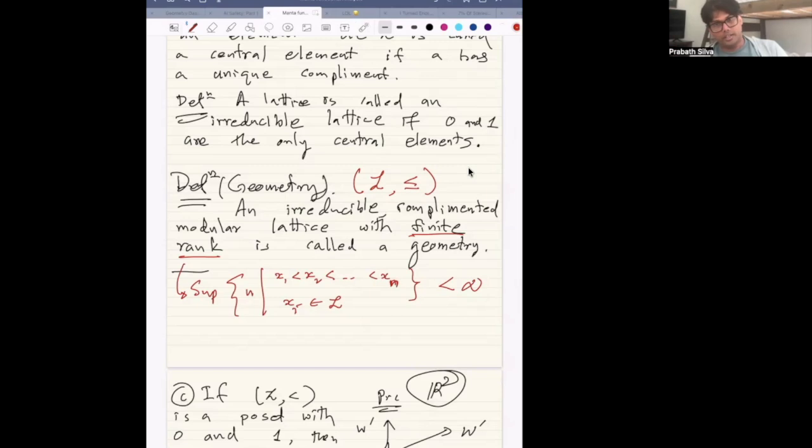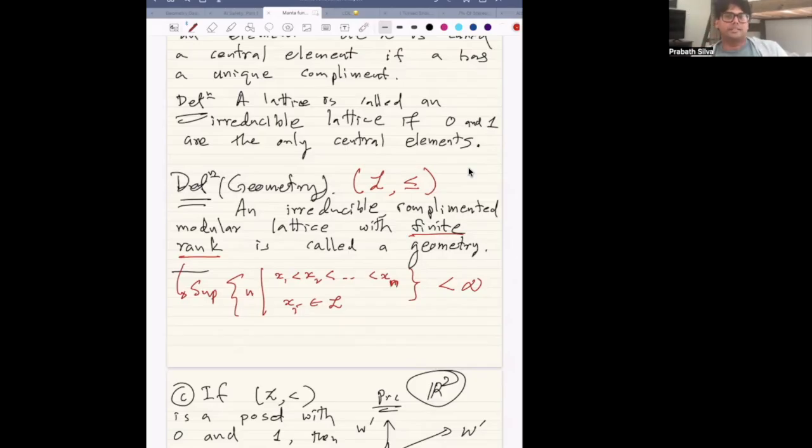Again, I'll talk about this thing a lot. The first example you have of a geometry is the vector space and its subspaces.